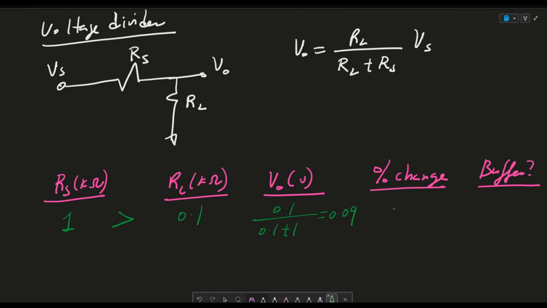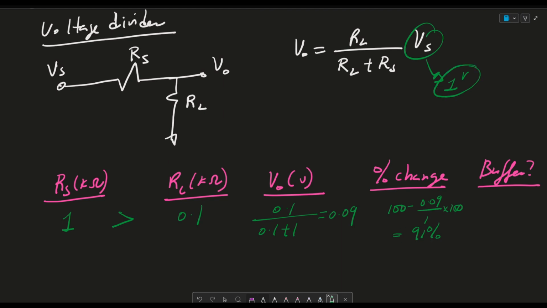And to calculate the change, we take 100 minus 0.09 over 1 times 100. This gives you around 91%, given that VS is 1 volt. So V out changes by a whole 91%.